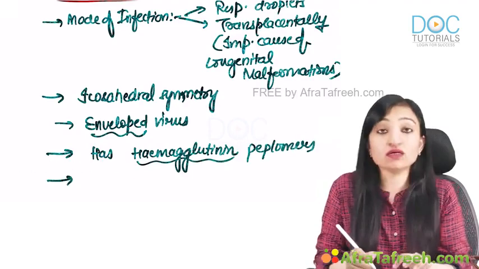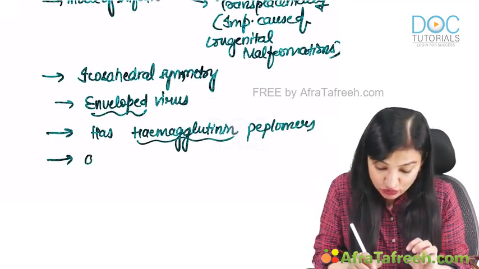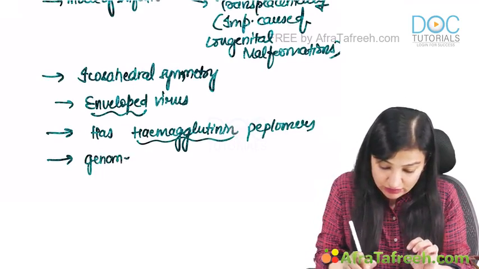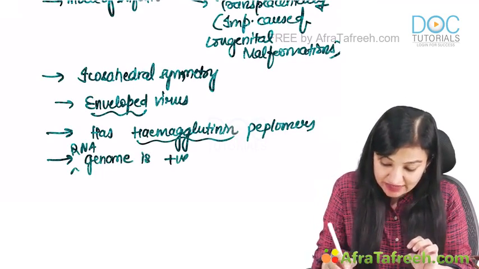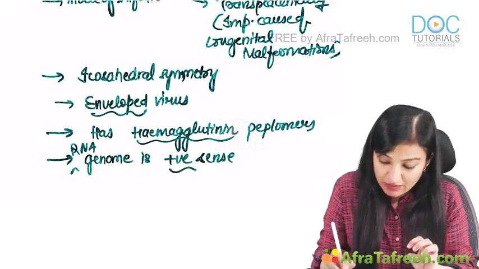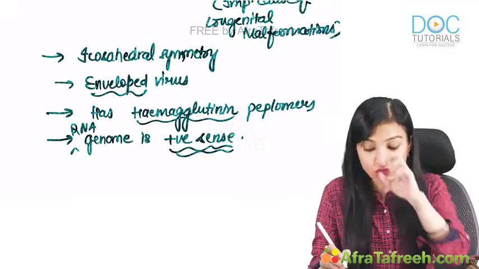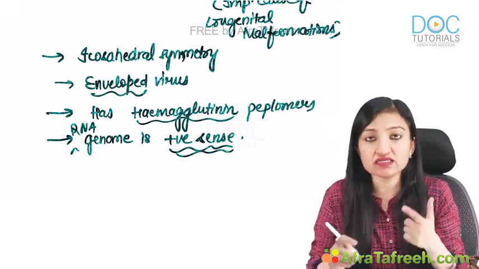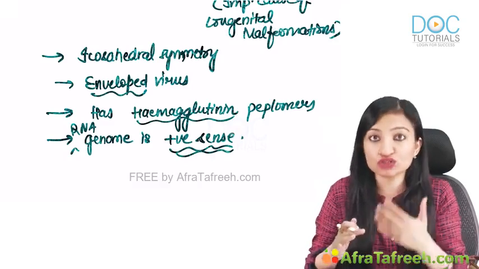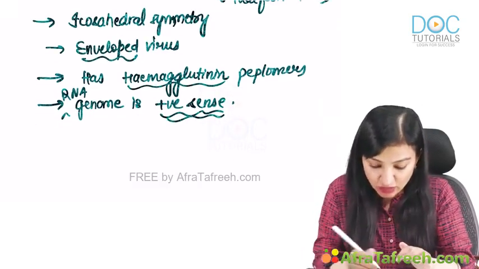And unlike orthomyxoviruses and paramyxoviruses, the RNA genome is positive sense. Remember, ortho and paramyxoviruses have got negative sense RNA. The meaning of positive and negative sense has already been explained in the video module on introduction to RNA viruses. So over here, the genome is positive sense.